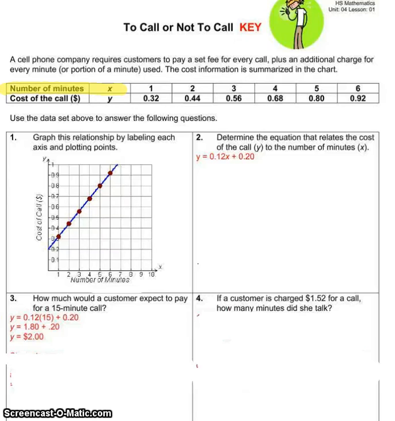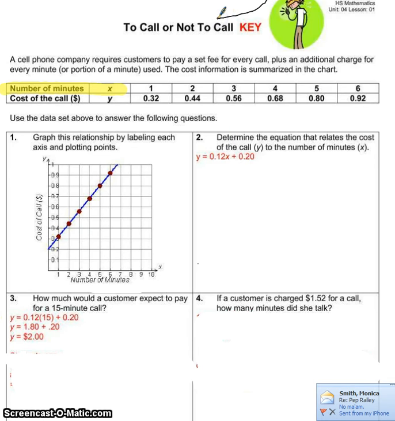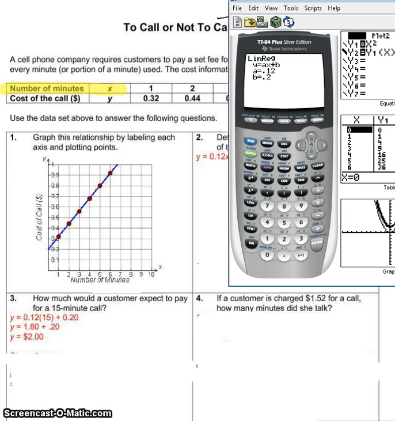Now, can I also do this with my calculator? Where would I go to plug this into my calculator? I would go to my Y equals. And remember we talked about using bars. Stat.